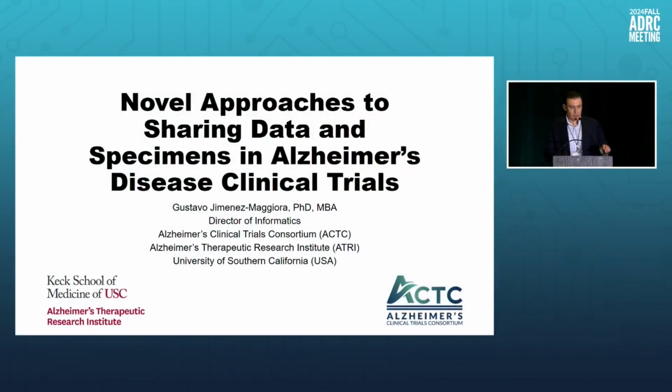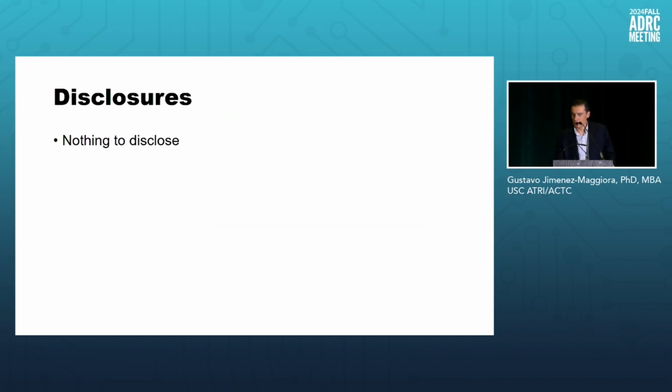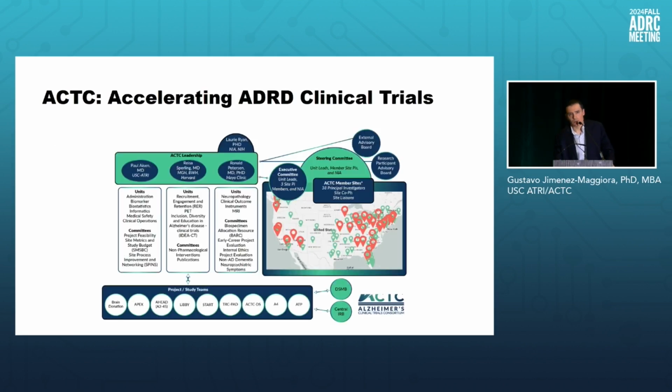Thank you. I wanted to start by thanking the meeting organizers for giving me the opportunity to present our approach to sharing data and resources for Alzheimer's disease clinical trials. I have no relevant disclosures. For those of you who aren't familiar with ACTC, it is the Alzheimer's Clinical Trials Consortium.